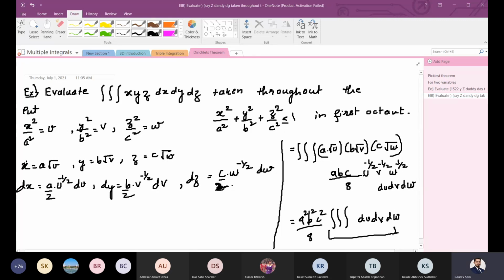In this case, I can apply Dirichlet's theorem: a square b square c square divided by 8 into gamma of 1, gamma of 1, gamma of 1, all of them 1, upon gamma of 4, which is 3 factorial. This is the final answer.